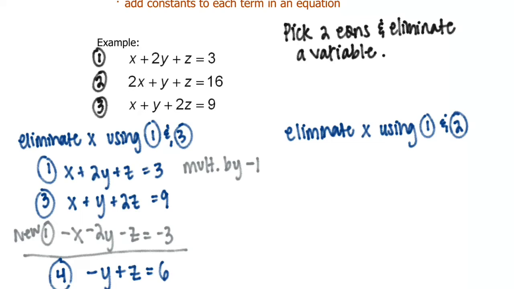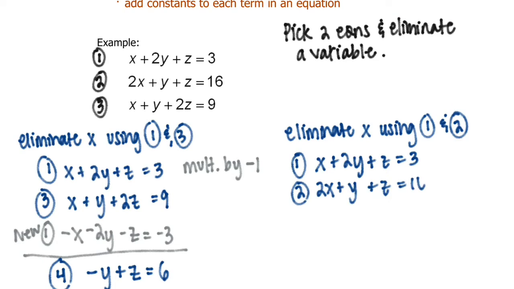So equation 1 is x plus 2y plus z equals 3. Equation 2 is 2x plus y plus z equals 16. I'm going to multiply equation 1 by -2.